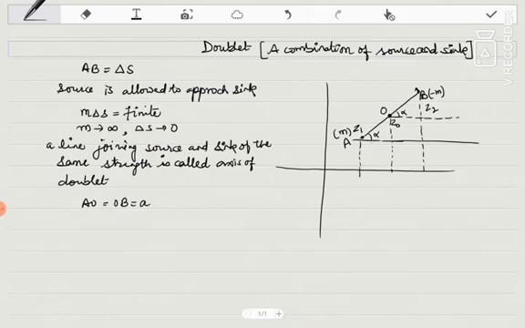So I may find it to be A cos alpha, and this is also A cos alpha. Likewise, these two lengths will be A sin alpha.